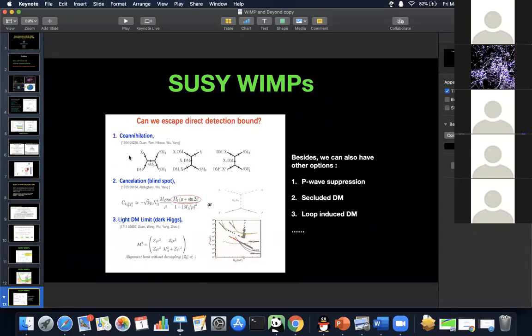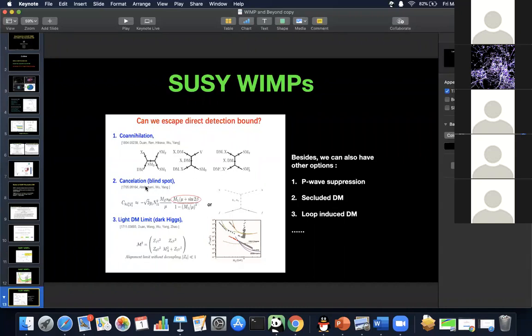One is the co-annihilations, because in co-annihilations, the processes contributing to the annihilation will be different from those in scattering processes. So we can break up the strong relation between the relic density and direct detection. That may help us to escape the direct detection bound.